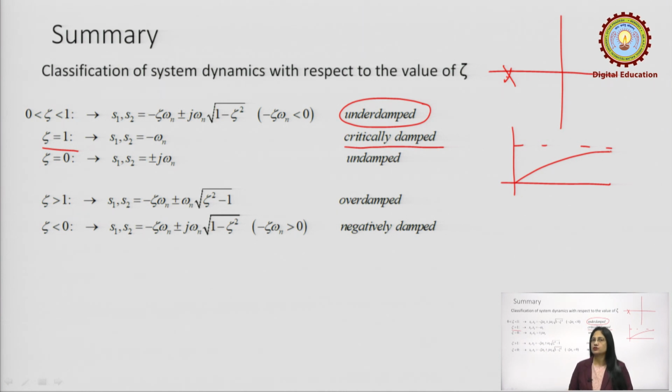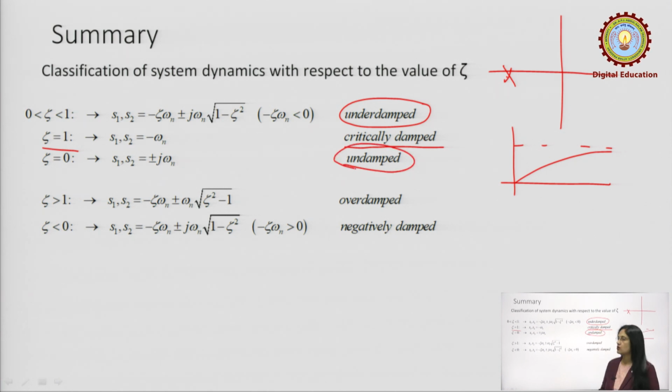Zeta equal to 0 is the pure case of 0 damping, having sustained oscillations, and therefore it is known as the undamped condition.